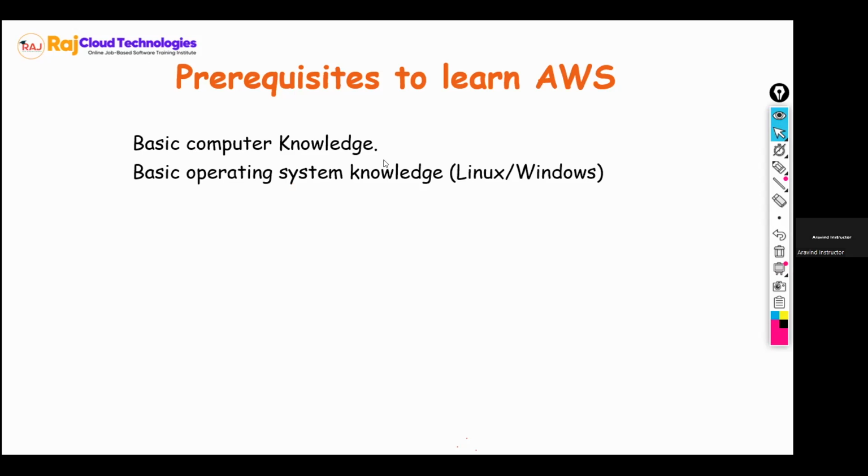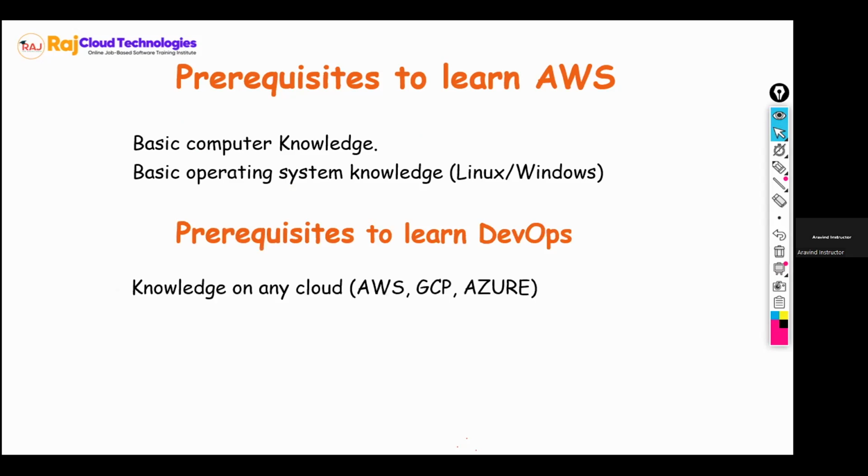Means how to copy something, how to create files, how to create directories using Linux commands. If you know that, it is sufficient. And prerequisites to learn DevOps. To learn DevOps, you should have knowledge of any cloud platform like AWS Cloud, GCP Cloud or Azure Cloud.